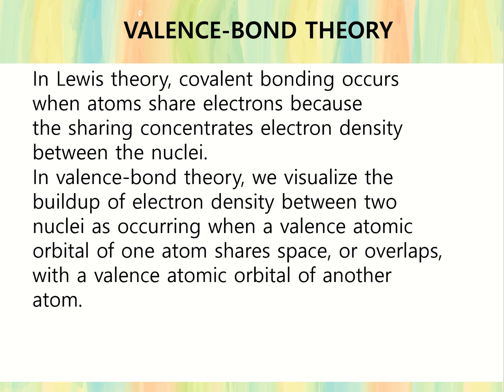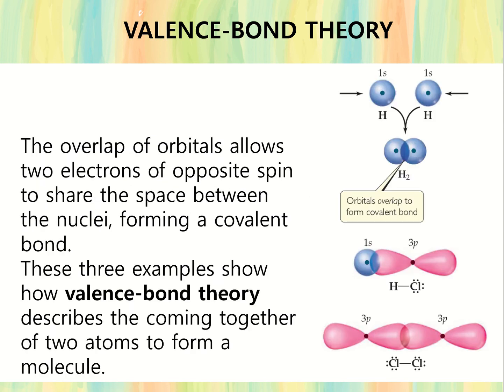I promise you it will get clearer. But just note here that in valence bond theory, we're saying that the electron density between the two nuclei occurs when you actually have valence atomic orbital overlap, right? And that is basically what valence bond theory is about.